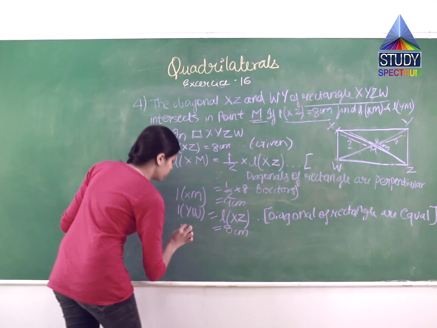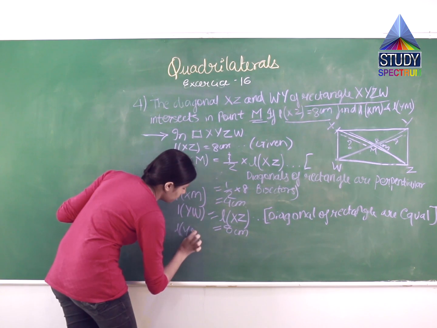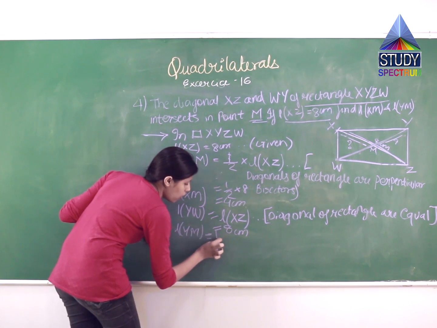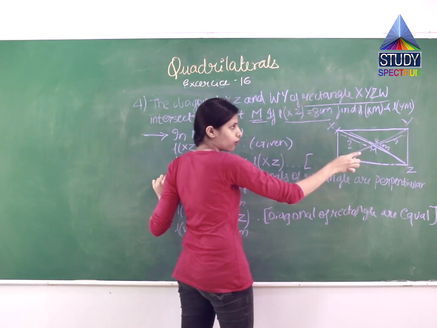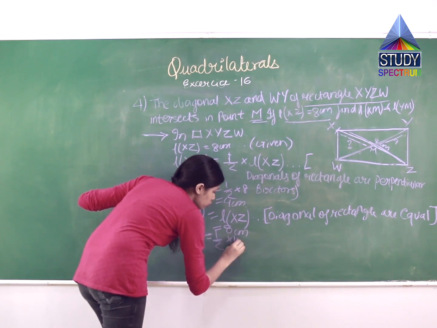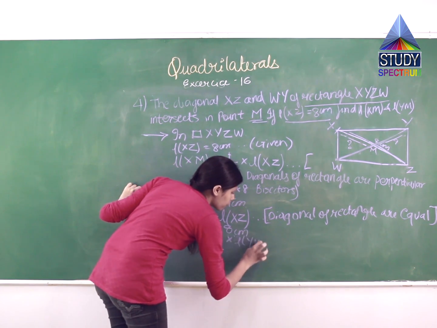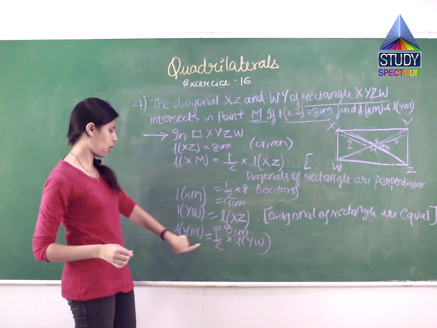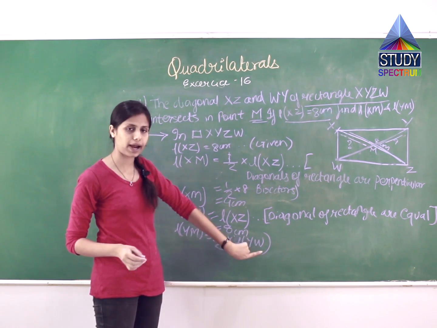So that only we are writing: length of YM is equal to half of length of YW.